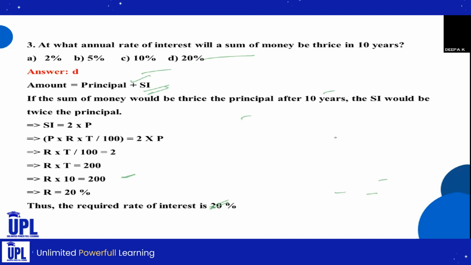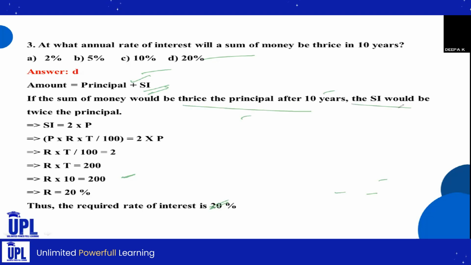So coming to the explanation part, what they have given: sum of money be thrice in 10 years. It means the sum of money would be thrice the principal after 10 years.